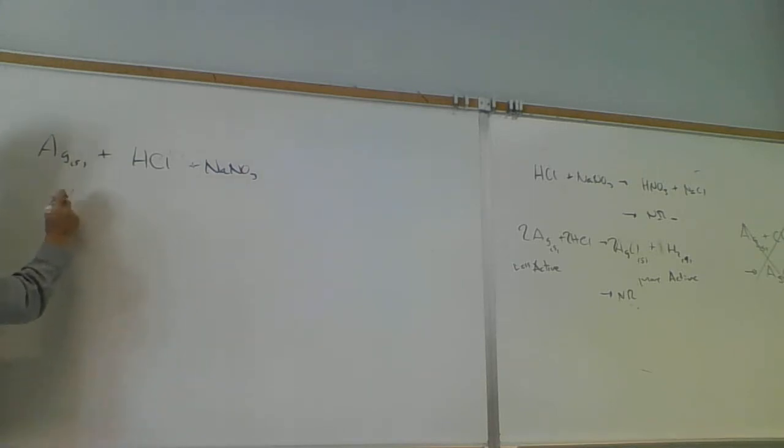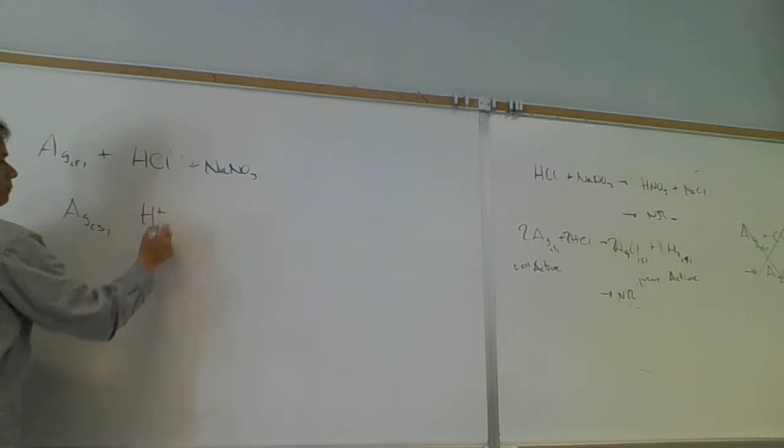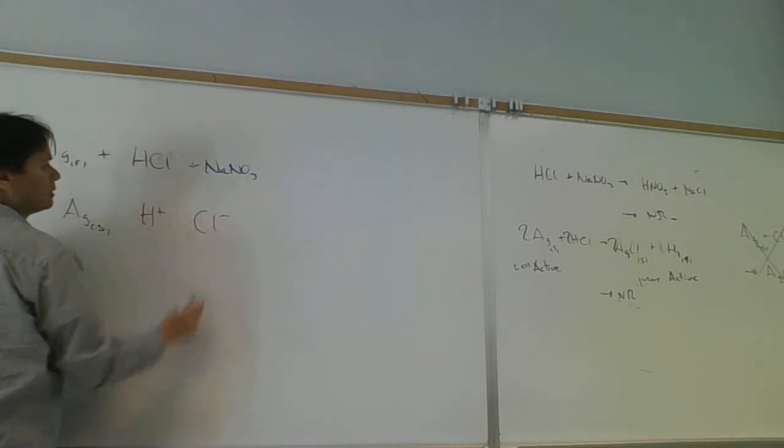So if we inventory this, silver, that's just silver ions, right? Silver metals, silver ions? No, it's two different things. This is silver solid. What about HCl? What are the major species in HCl, hydrochloric acid? Sodium nitrate?